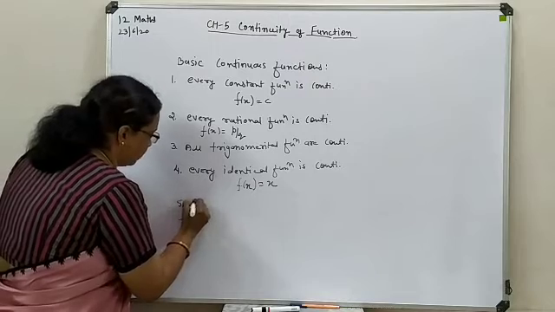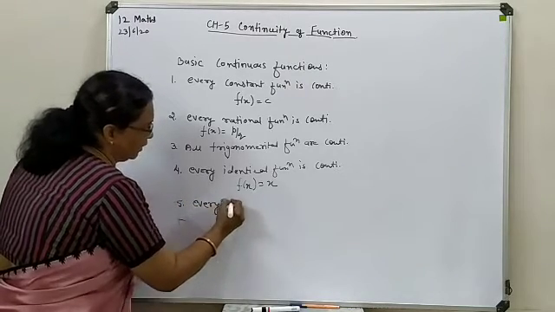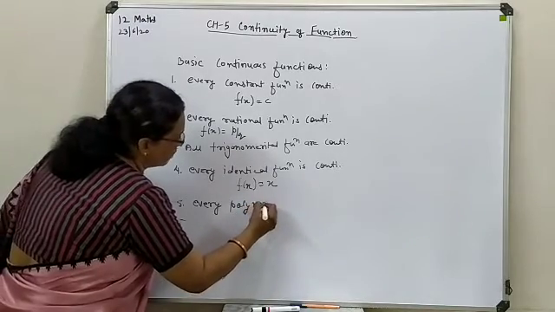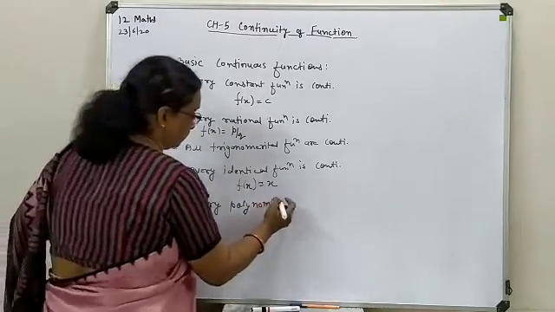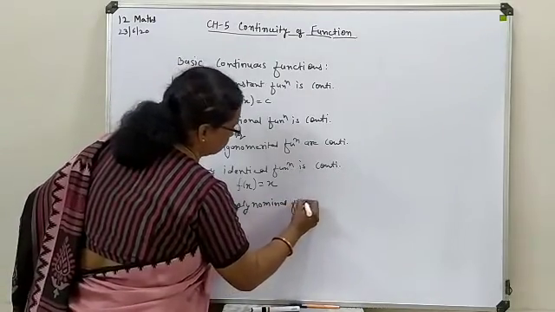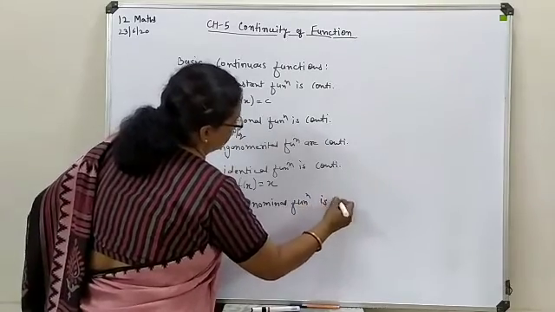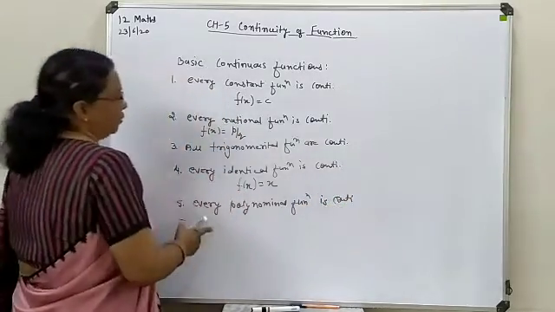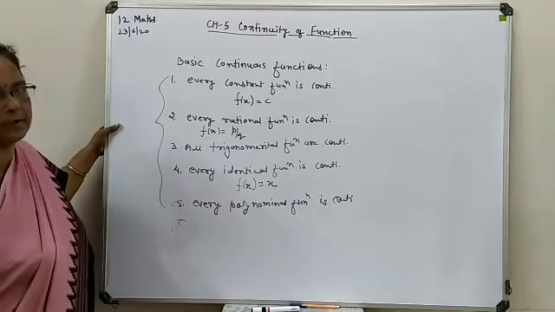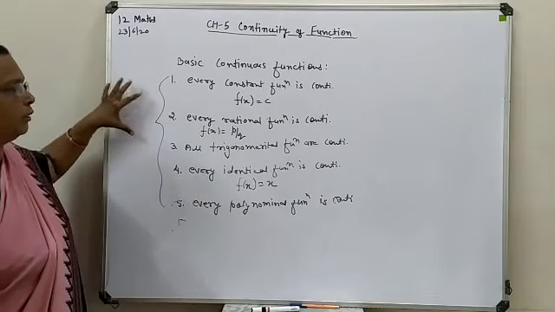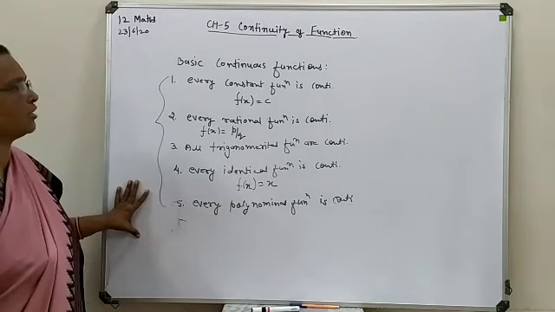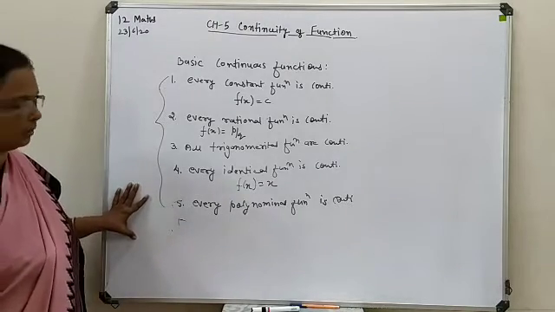And the last one, which we will use many times, is that every polynomial function is a continuous function. So these are the categories that we have as continuous. So if any kind of these functions is used for continuity, you will be very sure that such types of functions are continuous.